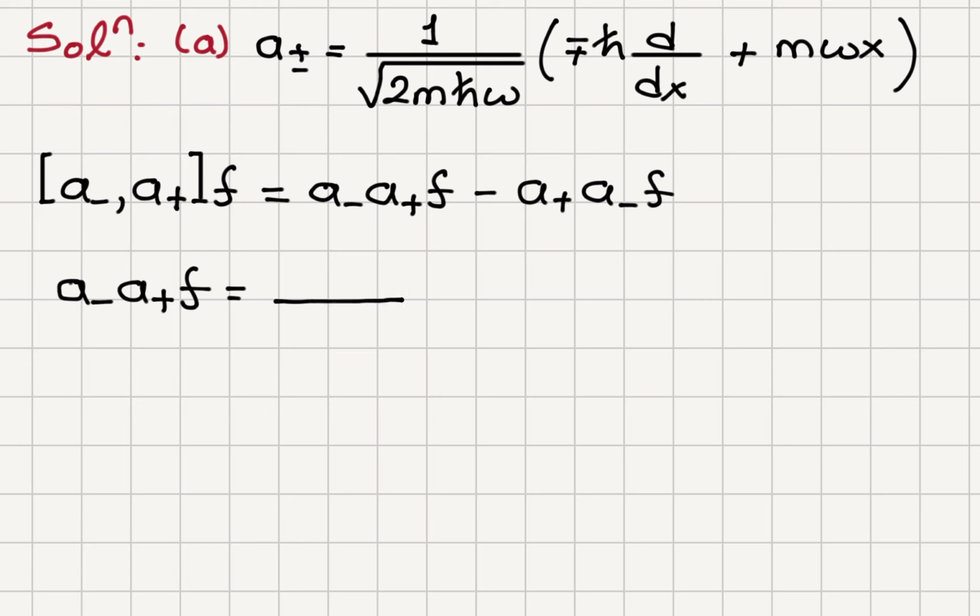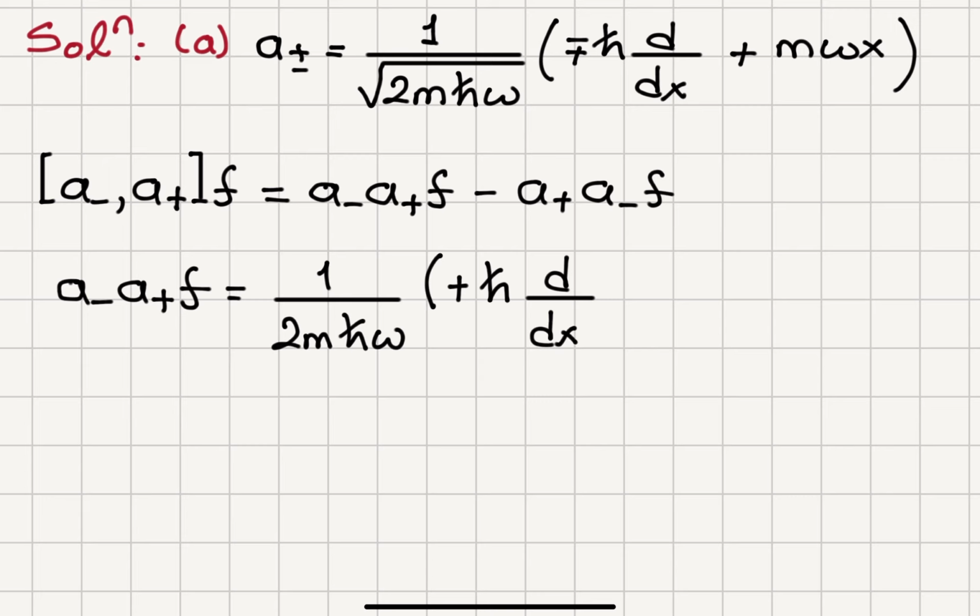So we will have 1 over 2m h bar omega, times, for the a minus operator, plus h bar d dx plus m omega x.